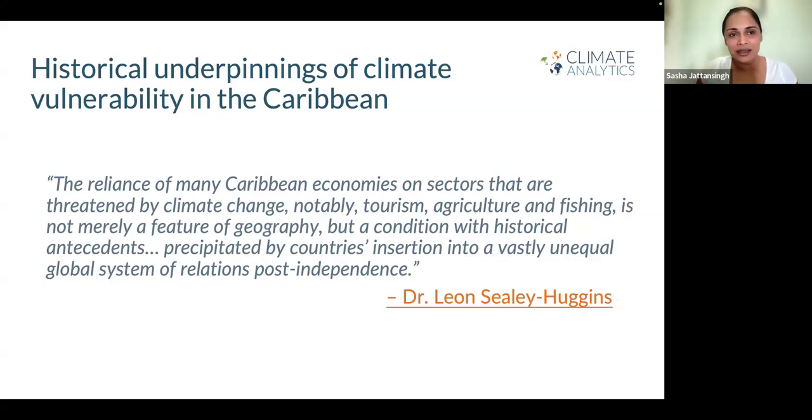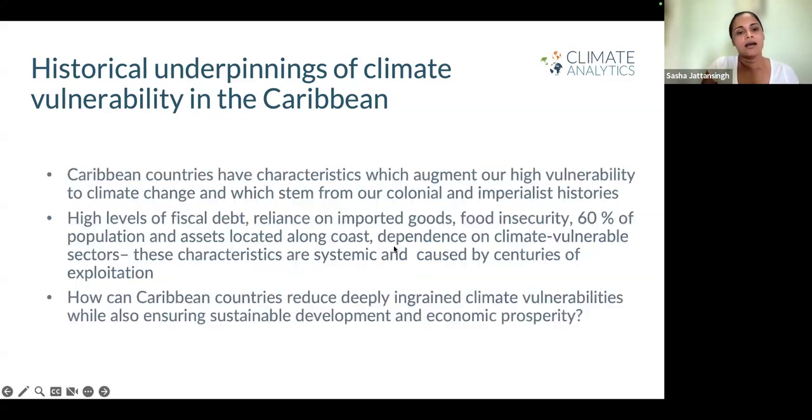But now we have to deal with climate change and all these other external shocks on top of trying to traverse this global system where you have actors that have been independent for much longer. So you realize there's a lot of other deep-seated issues here that affect how we are impacted more severely by climate change, because we're not able to adapt or respond or recover as effectively.